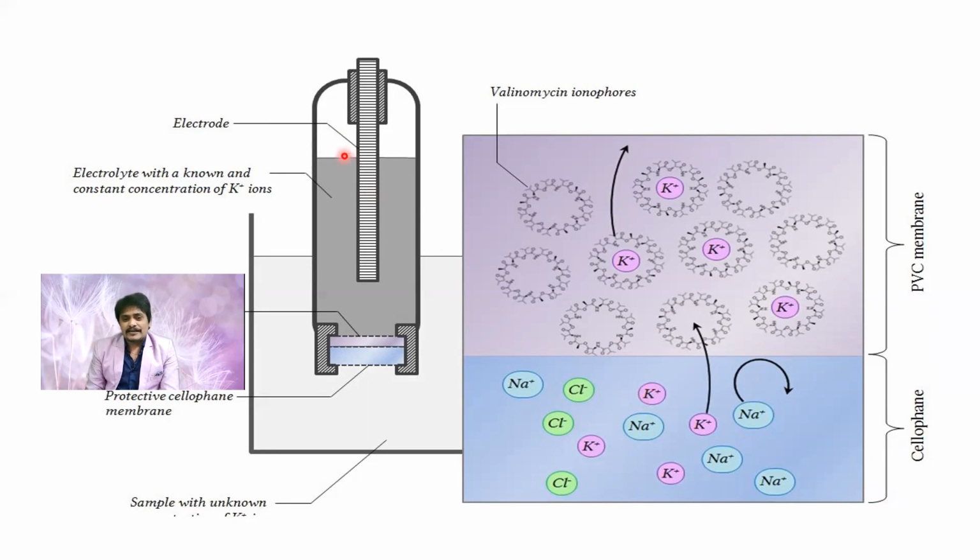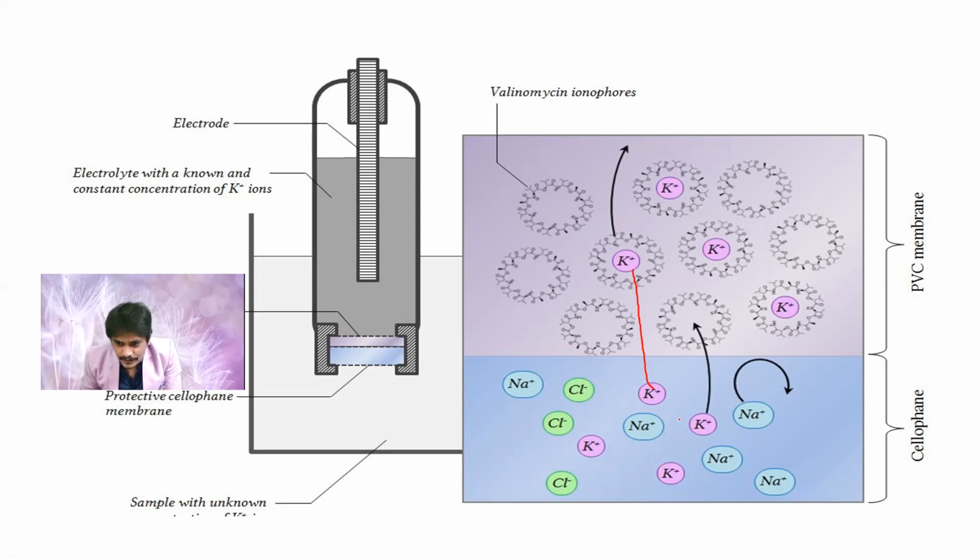And whenever this electrode acts as a sensor and senses only these potassium ions, which are along with the sodium and the chloride ions, these potassium ions move towards this electrode. Only potassium ions are moving, leaving behind all the other sodium ions and the chloride ions.